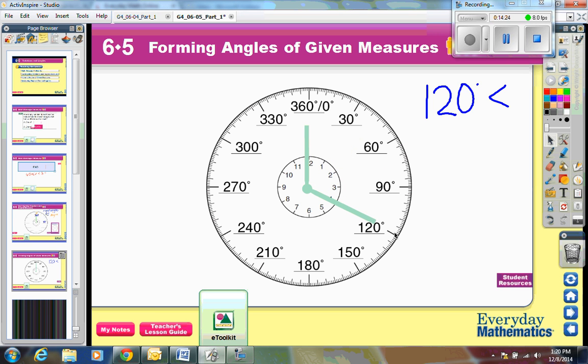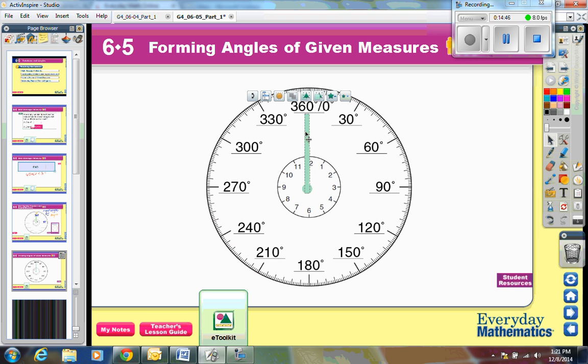We have turned our angle to what it looks like on the screen. And that is a 120 degree angle. All right, let's reset our angle. Back to 0 degrees. Now I want you to show me a 45 degree angle.